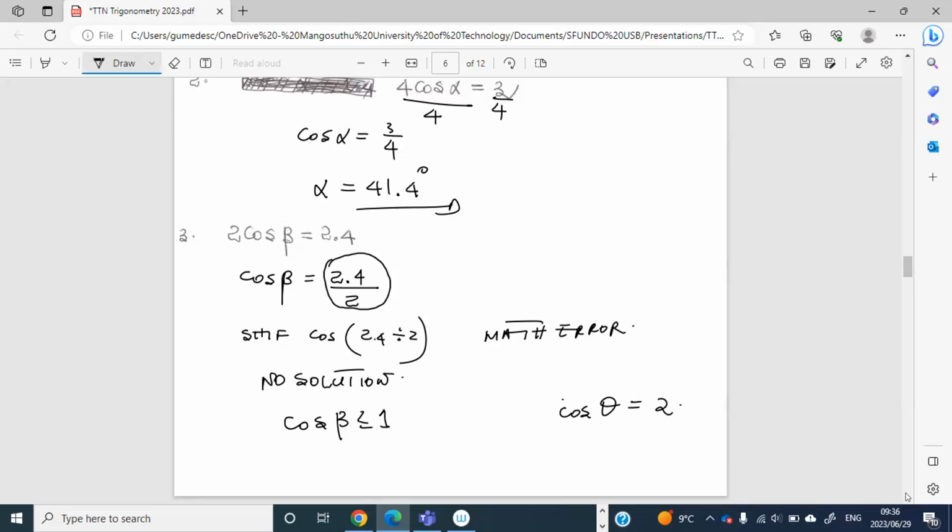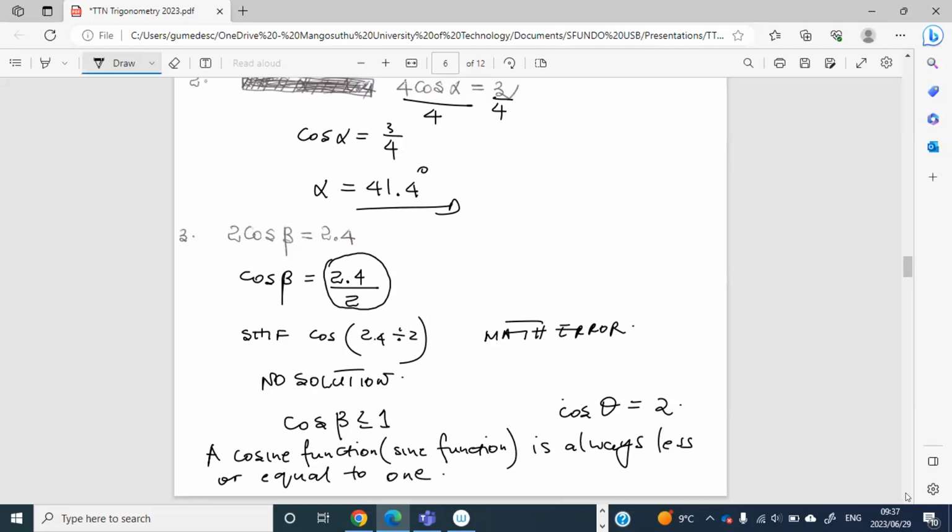So it means a cosine function, same as the sine function, is always less or equal to 1.